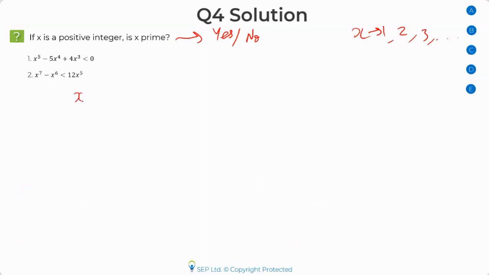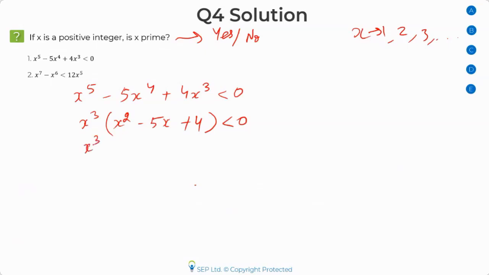Now statement 1 might look a little complex to you, but if you see it up close, there is an x cube which is common from the entire expression. So that makes your job very easy. The expression within the bracket is a quadratic expression, and that can be easily factorized into 2 factors.